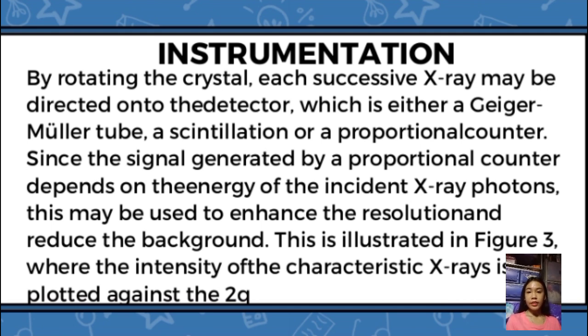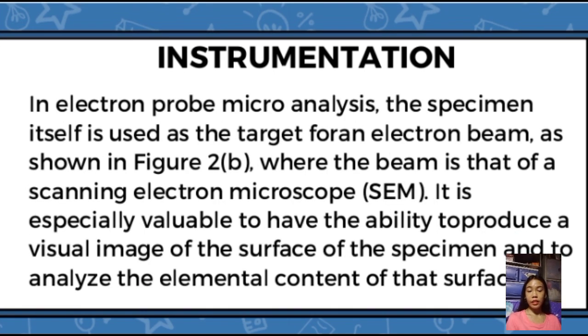The research highlights the efficacy of rotating a crystal to optimize the direction of successive X-ray beams onto a detector, such as a Geiger-Müller tube, scintillation counter, or proportional counter. A significant finding is that the proportional counter's ability to generate signals proportional to the energy of incident X-ray photons can improve resolution and diminish background noise in X-ray detection.